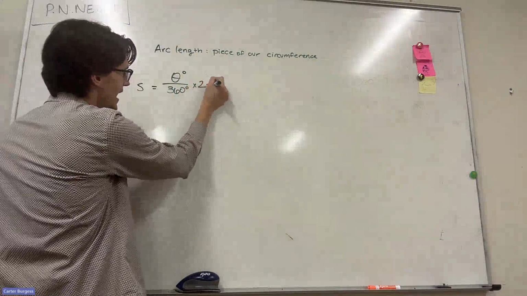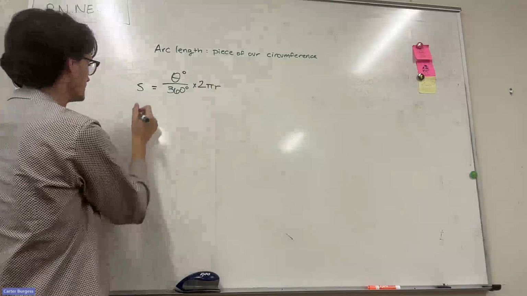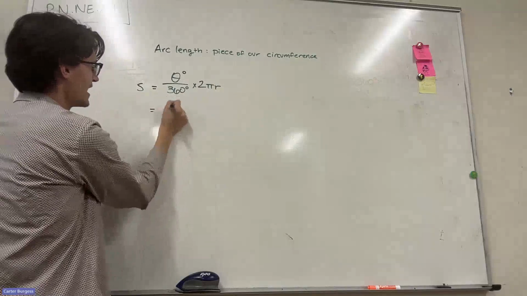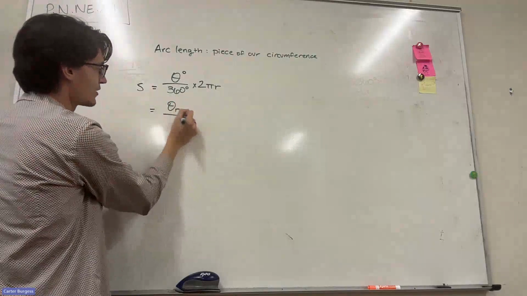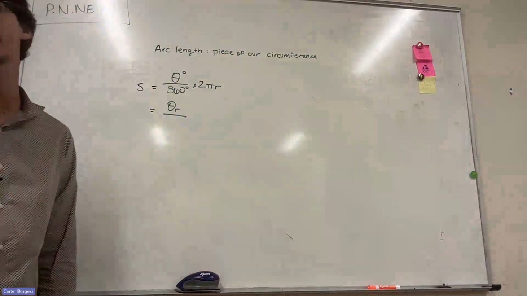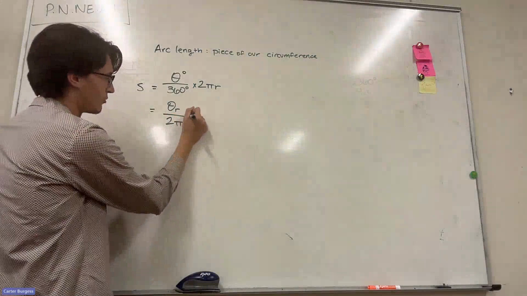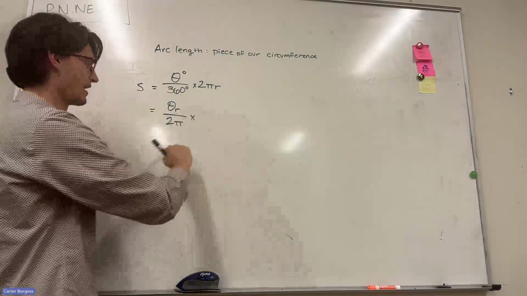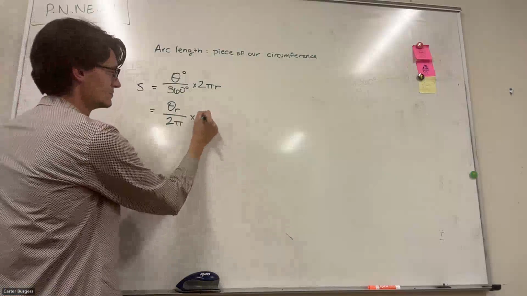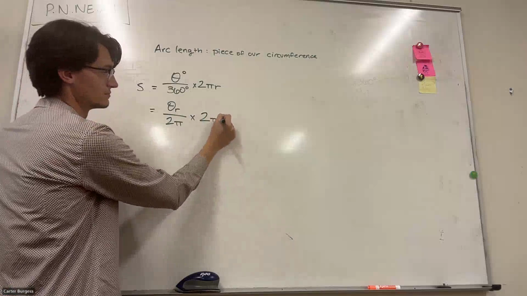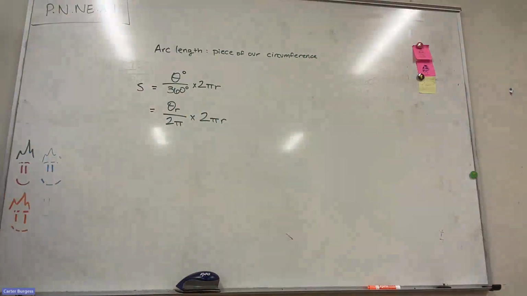Multiplying this by our 2 pi r. And if I'm given a theta in radians, how do I figure out the fraction? Take it and divide by 2 pi. And then what would I multiply by to convert? 2 pi r. Still looking at a piece of our circumference.